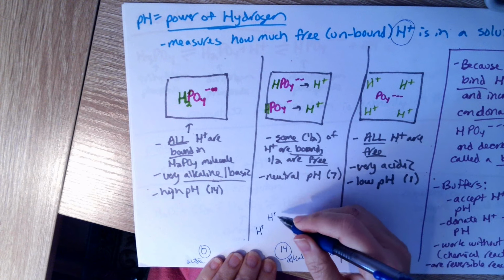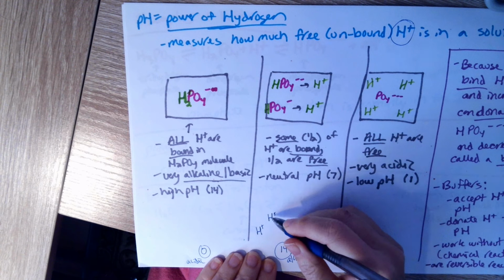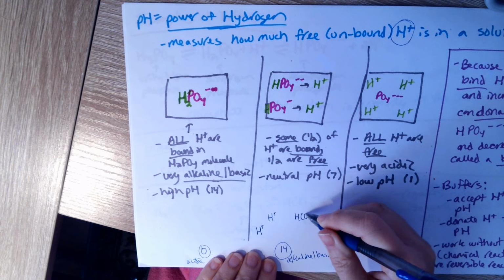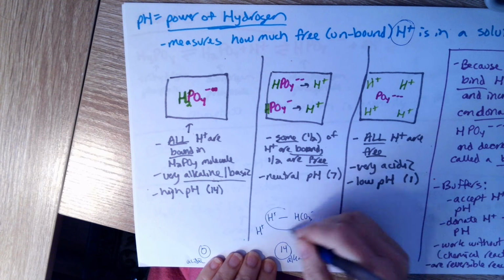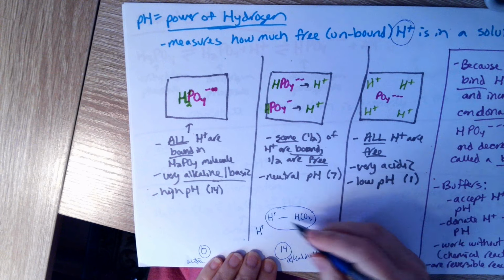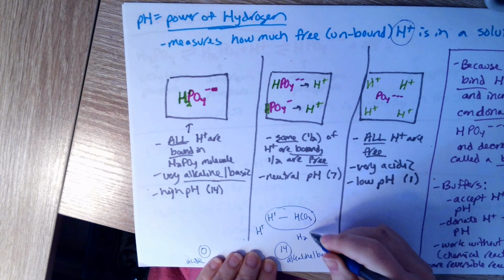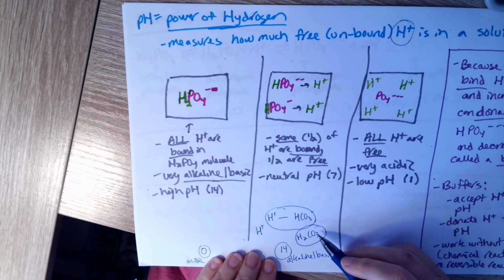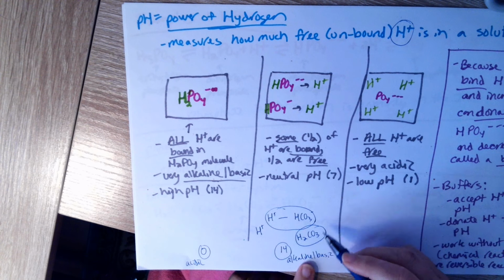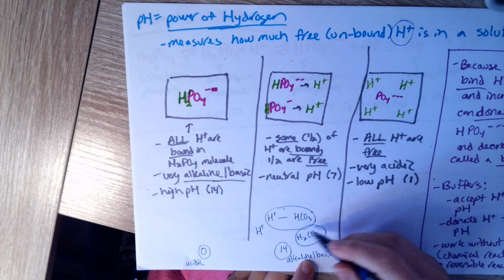But we could also bind them to another molecule. We can bind them to this molecule, which is bicarbonate. So they can bind together. Then we have two hydrogens, so H2CO3. This is something called carbonic acid. We're going to see this in a couple of minutes. But no more free hydrogens, right?